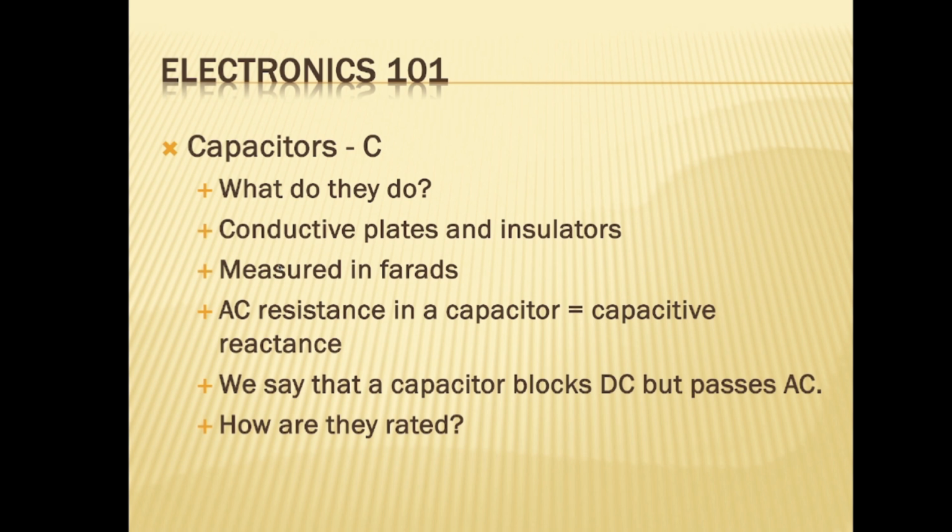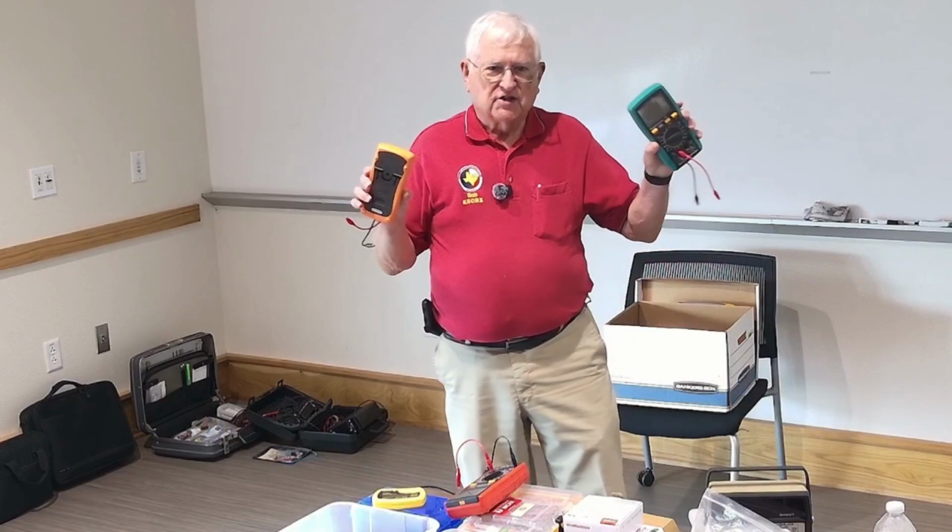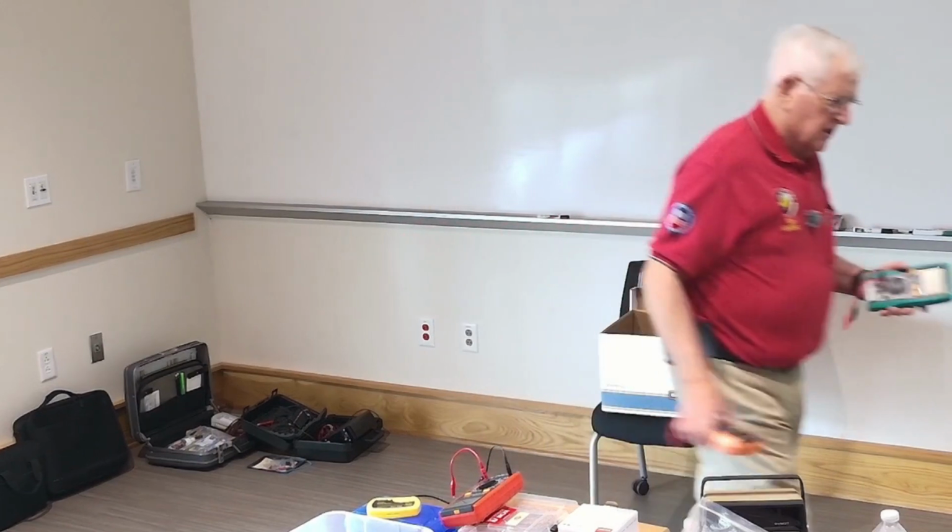Okay, I think I've got enough of these. We put one at each row, so we're going to have to pass it up and down the row a little bit.